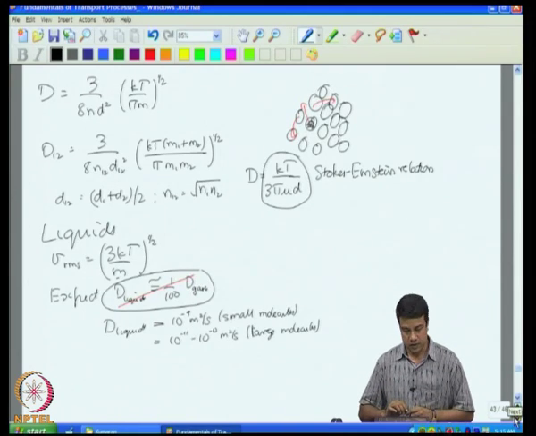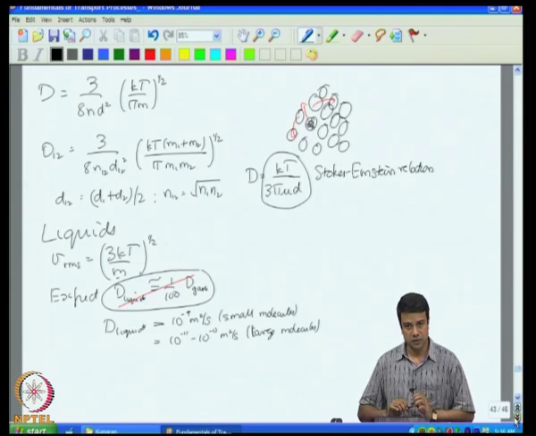Next, we looked at fluids, at liquids. If you just simplistically estimate the diffusion coefficient of liquids, you would say that it would be about 10 to 100 times smaller than that for gases, because the mean free path in a liquid is approximately comparable to the molecular diameter. In a gas, it varies by about 10 to 100 times the molecular diameter.